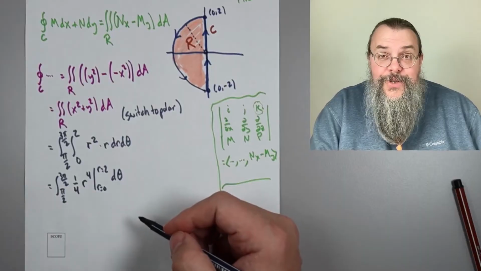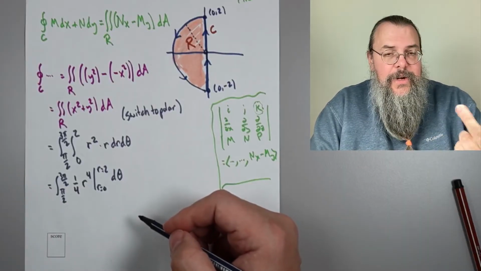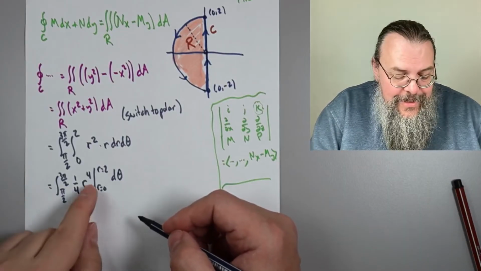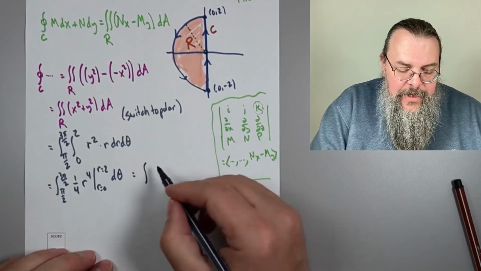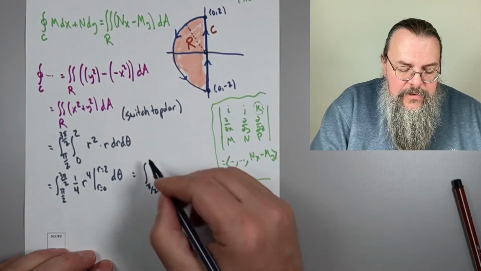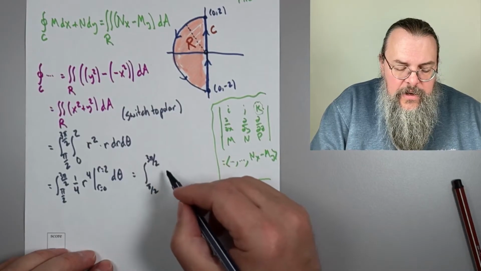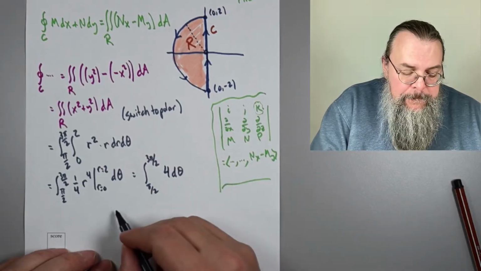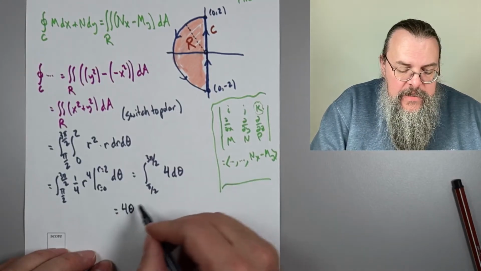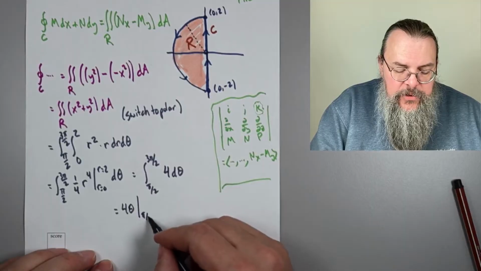Plug in 2, 2 to the 4th. Let's see, 2, 4, 8, 16. Okay, so that's 16 over 4 makes 4. So that's the integral from pi halves to 3 pi halves of 4 d theta. Okay, that's 4 theta from pi halves to 3 pi halves.